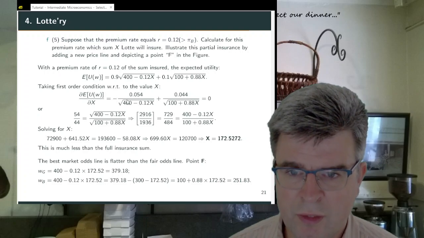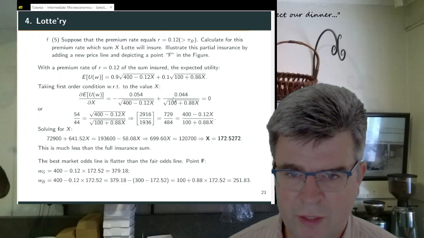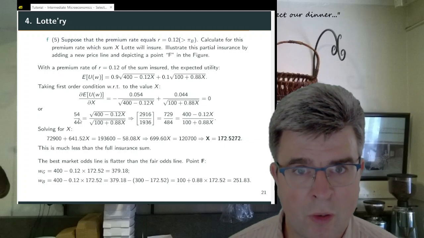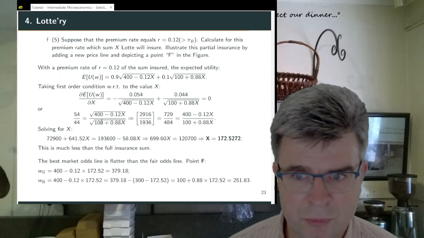So, and this is the derivation. So we take the derivative, we get these two expressions. We multiply everything by 1000 in order to make things more tractable. Gives you these expressions over here. You take the power of 2 on the left hand side and also on the right hand side to get rid of the square roots.